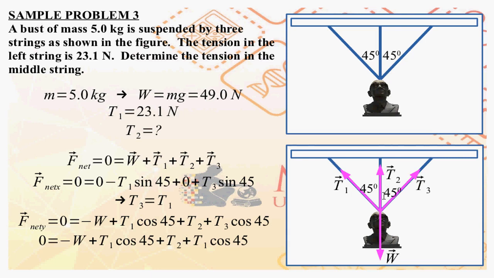T2 is vertical. All of it is in the Y component, positive direction. And T3 is diagonal. The vertical component is in the positive direction, adjacent to 45 degrees. So, adjacent, you use cosine 45, positive Y direction. So, plus T3 cosine 45.